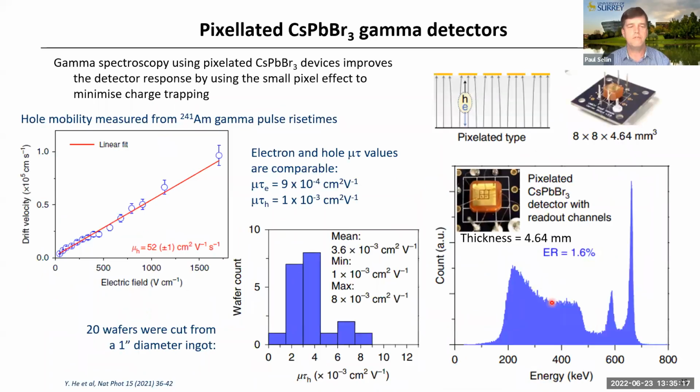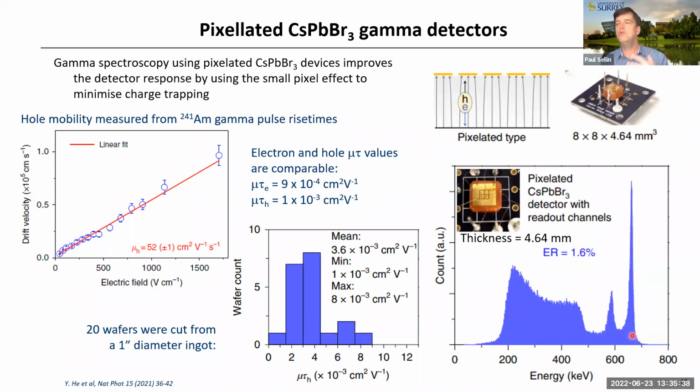Again, first results have been shown of cesium lead bromide processed into pixelated detectors. I won't go through all this, but you can see here there are some simple structures with 4 pixels in an array on top of a single crystal, producing some rather nice energy spectra.